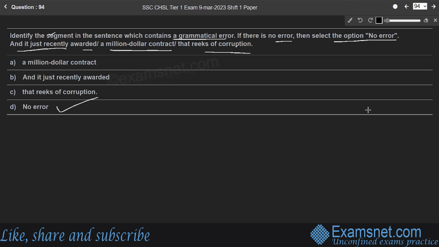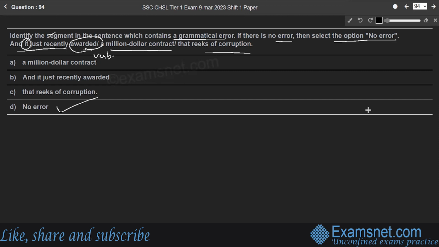Right? So the sentence is in the simple past tense and all the words are used correctly in their respective places. So the subject is "it", followed by the verb "awarded", in the past tense.